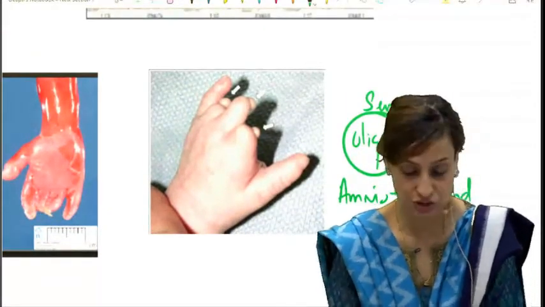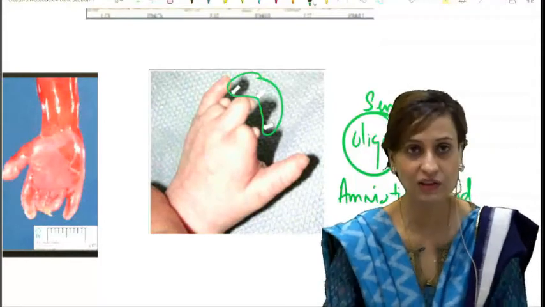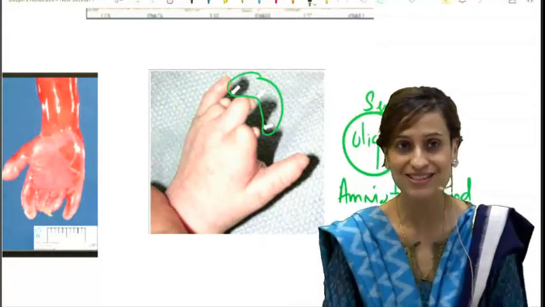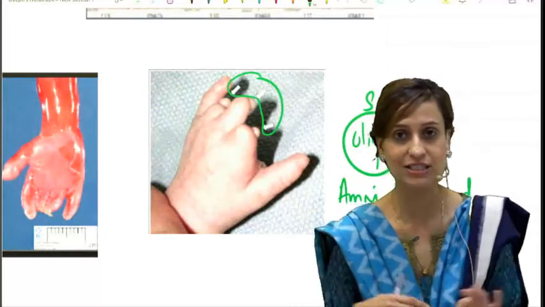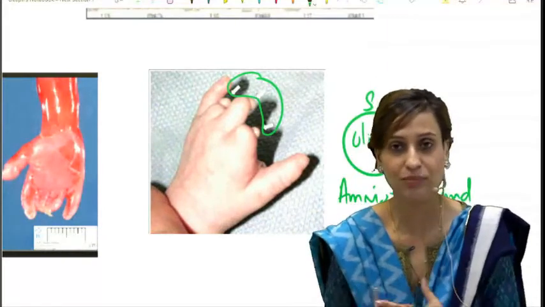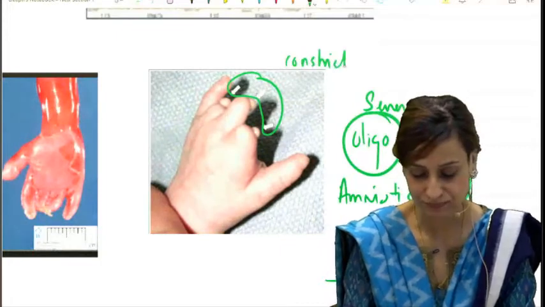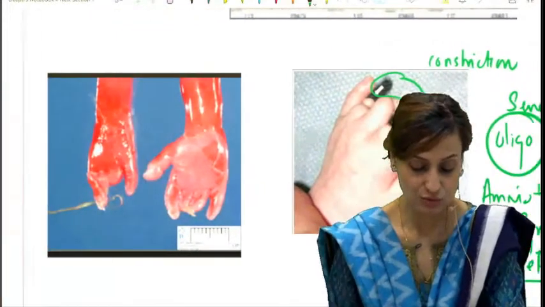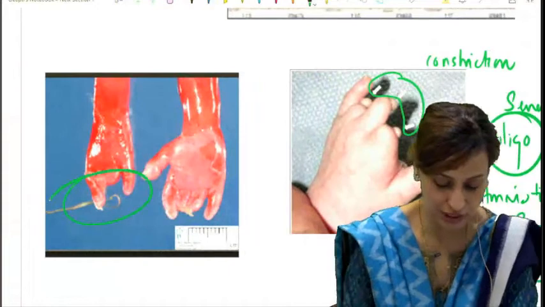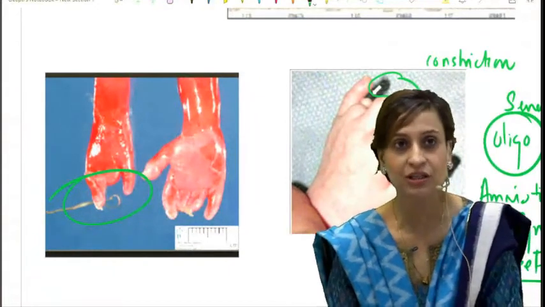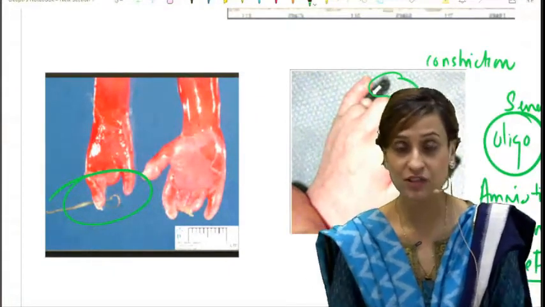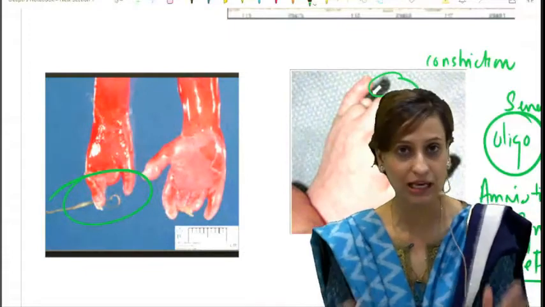The arrows here are showing you that the distal limbs are affected and the digits get amputated by themselves. What you can see are the constriction rings, right? The other picture is also showing you digital amputation. So only distal parts of the limbs are affected. The whole limb will not be absent, only distal parts, right?